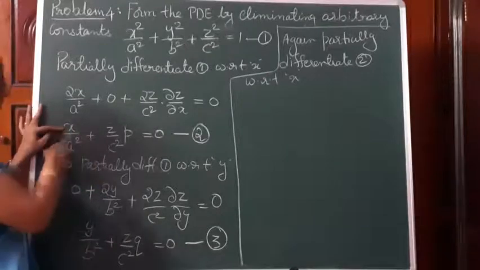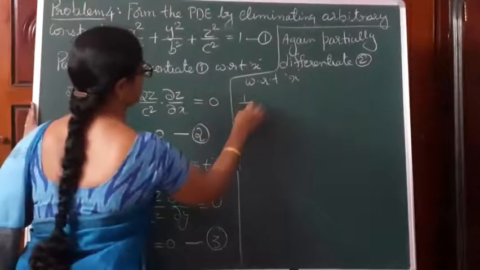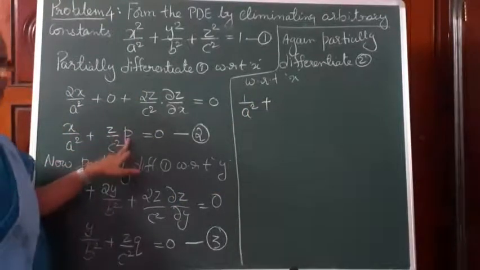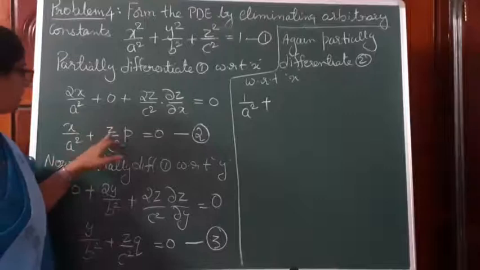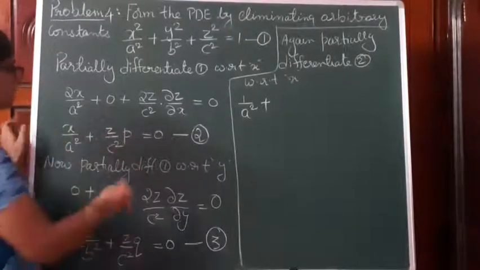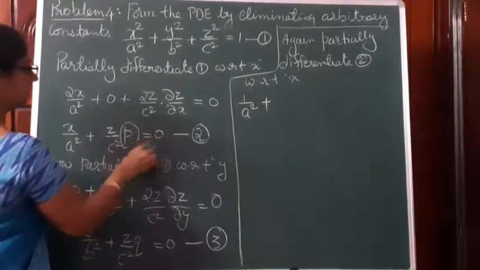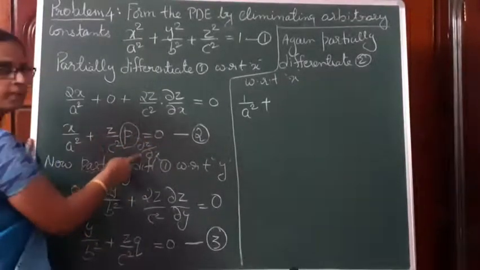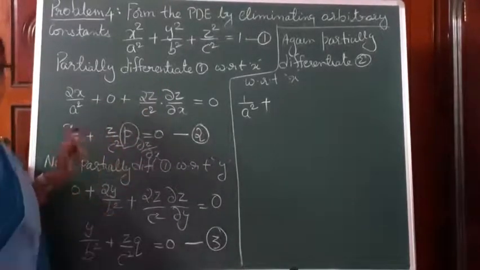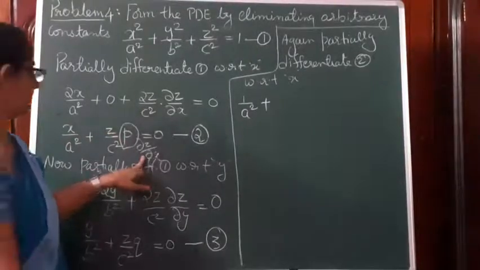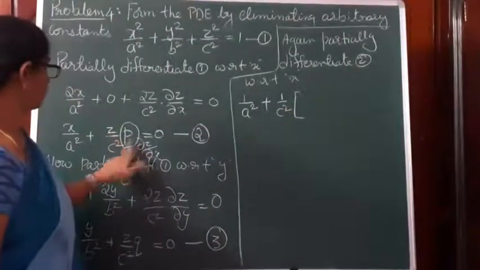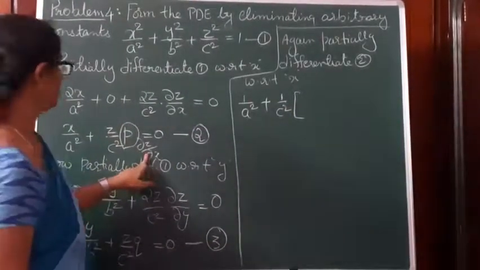Derivative of x by a square is 1 by a square, as a square is constant. So we get 1 by a square plus z by c square into p. C square is constant, no worries with that. We have z into p. P is not constant here. P is the partial derivative, dou z by dou x. So we have z into dou z by dou x. To differentiate this, we should apply the product rule. This 1 by c square is constant. Now we apply the product rule for z and dou z by dou x.